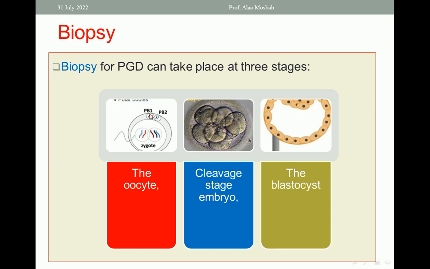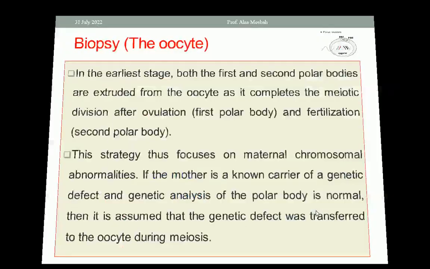From the first and second polar bodies of the oocyte, or from the blastomere of the cleavage stage embryo at day 3, or from the trophectoderm of the blastocyst. As you see in this picture, either from the oocyte, from the first and second polar body, or from the third day cleavage stage embryo, one or two blastomeres, or from the outer part, the trophectoderm, at the blastocyst stage. Usually this is at day 5 or day 6.